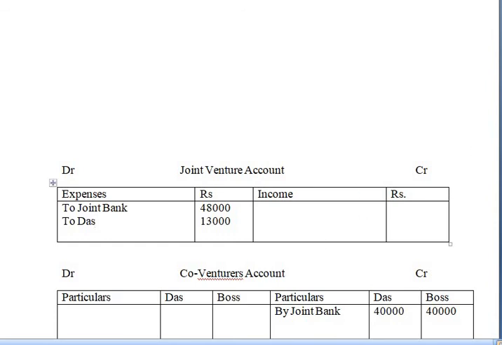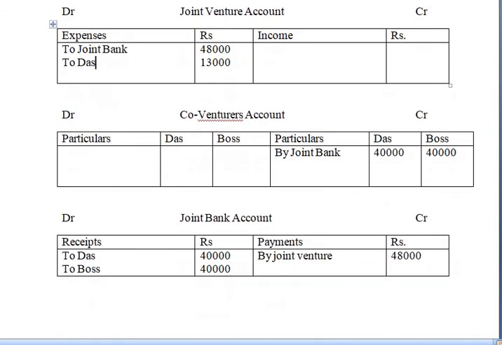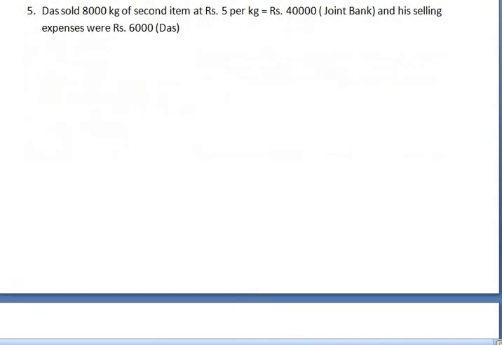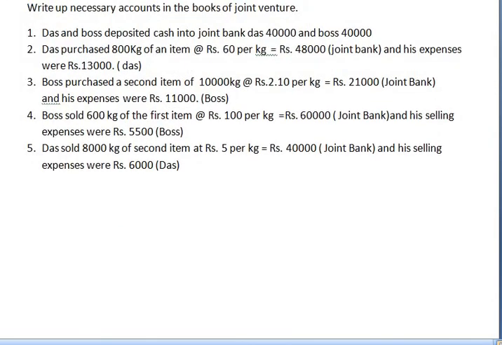So here Das account is debited. So in Das account make credit entry by joint venture in Das. How much? 13,000. Now the second transaction is over.